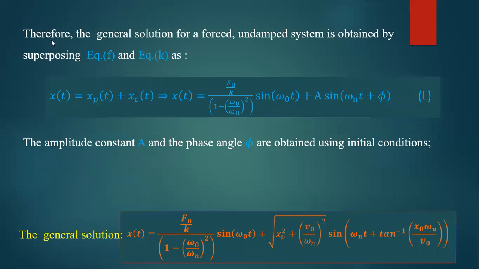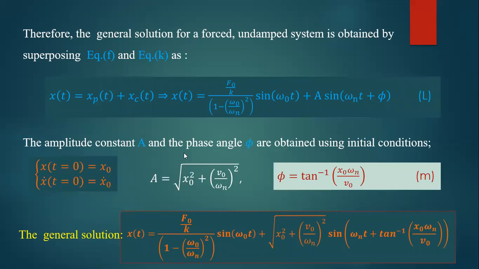Therefore the general solution is obtained by adding up, or superimposing, the particular solution with the complementary solution, or homogeneous solution. So this is the particular solution and this is the homogeneous solution. And how can we find A and phi? They come from substituting these initial conditions.